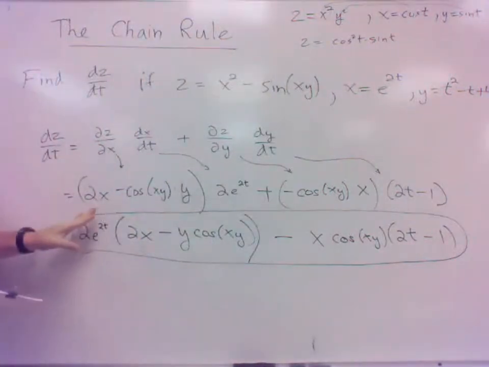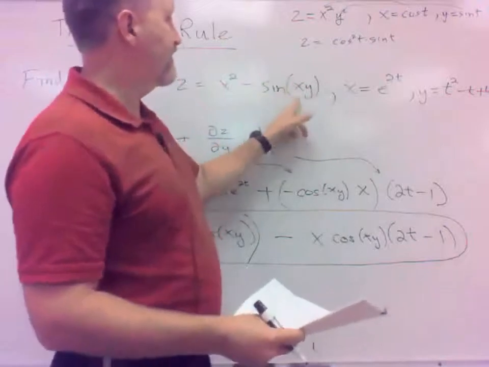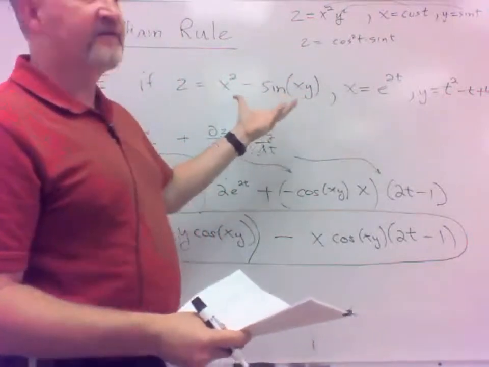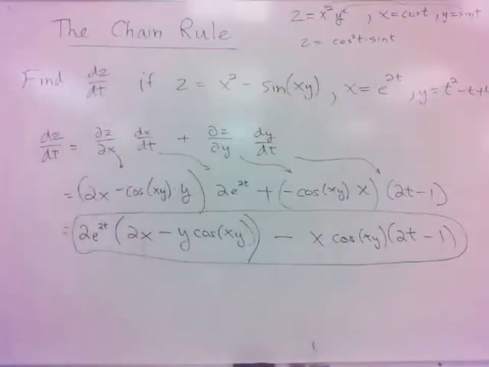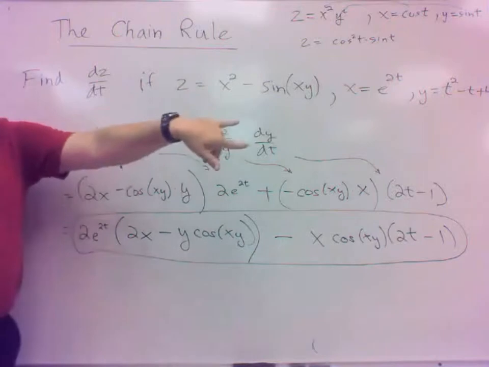I mean, this was complicated enough, but think about it, if I plug the x and the y in here, then you've got multiple things going on to keep track of. So it's usually less complicated to do it this way than to substitute and do it that way.